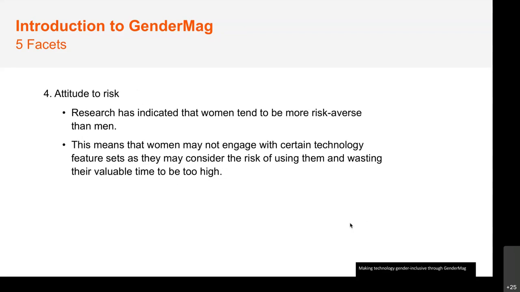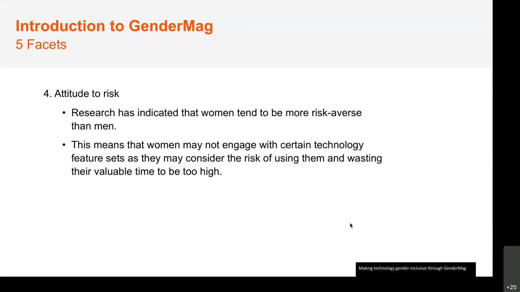Okay, the fourth facet is about attitudes to risk. Research has shown again and again that women tend to be more risk averse than men, and not just in terms of technology, but also more widely.